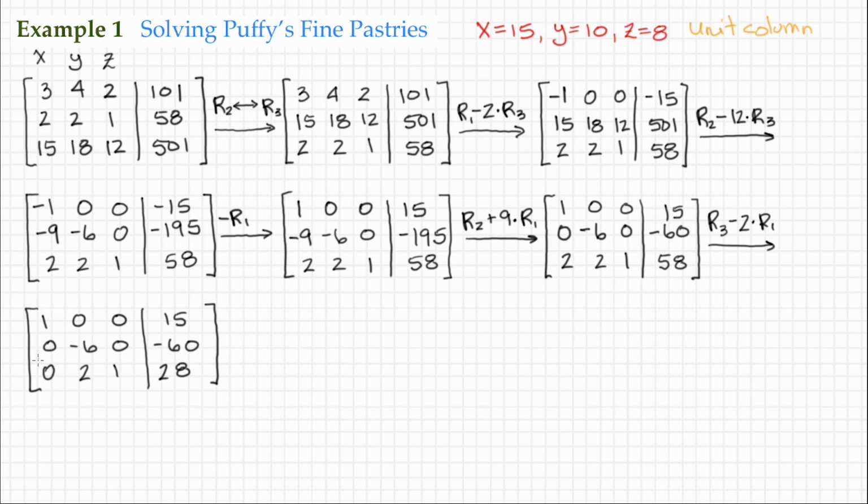And now I'm done with this column. And as you can see, I have a unit column here, unit column here. Now we have to change this one into a unit column, and that will give us our 1s across the diagonal. So what we'll do here to change this to a 1 is we'll multiply row 2 by negative 1/6.